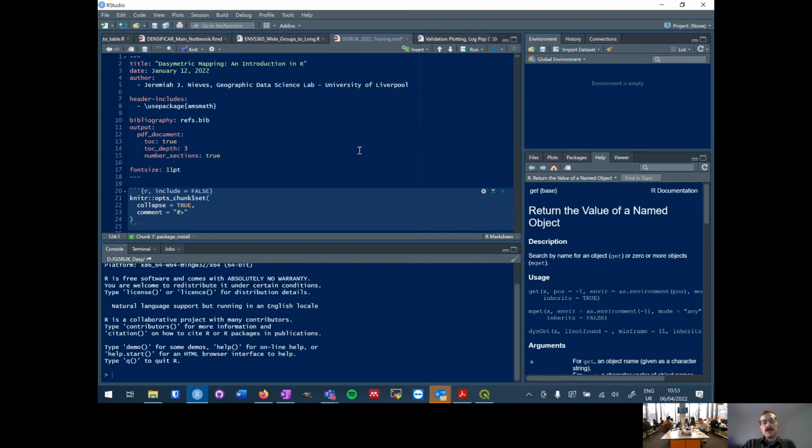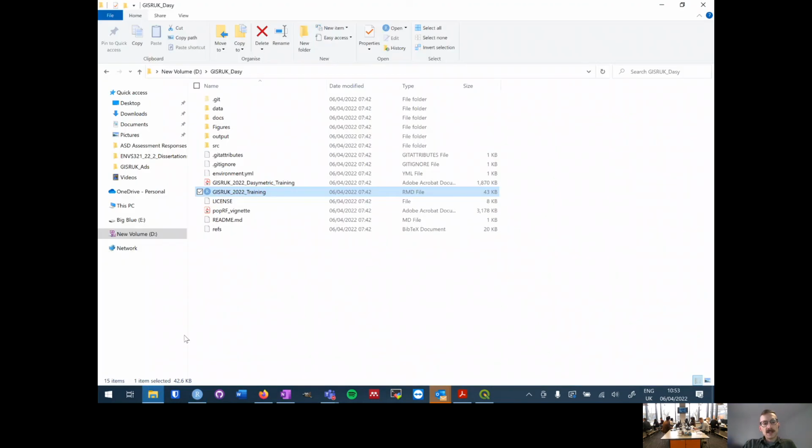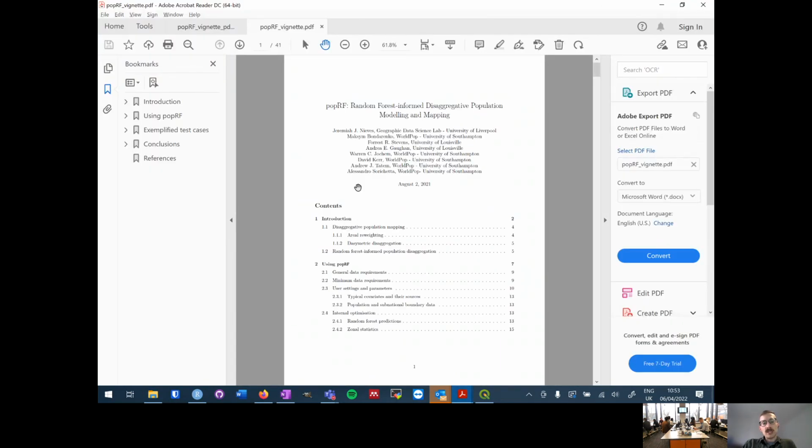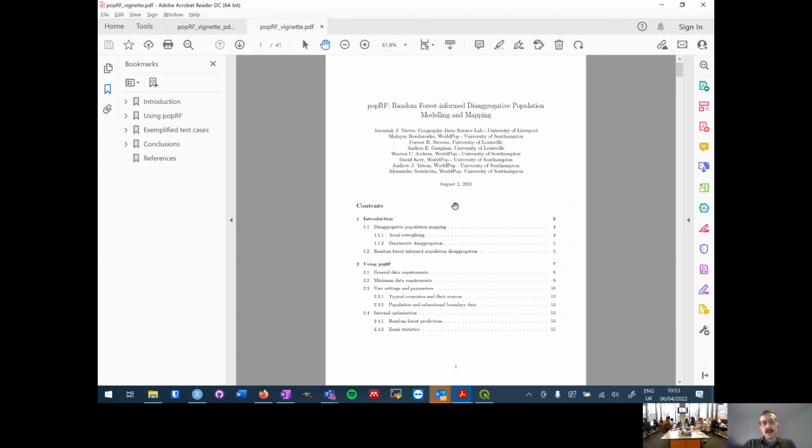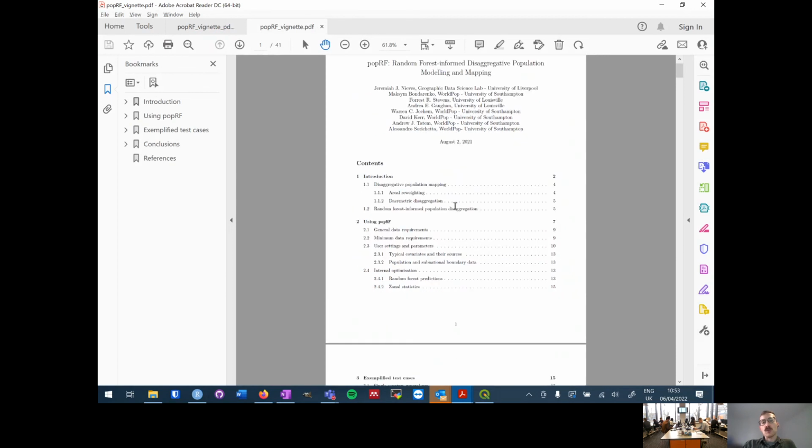And if you get done with this, and even if you don't, but later, you can run through the PopRF vignette, which is a vignette that I made that will walk you through how to use the PopRF package. And all the data is open and downloadable to replicate that. And it walks you through a couple of different ways that you can parameterize the model that we didn't cover here.